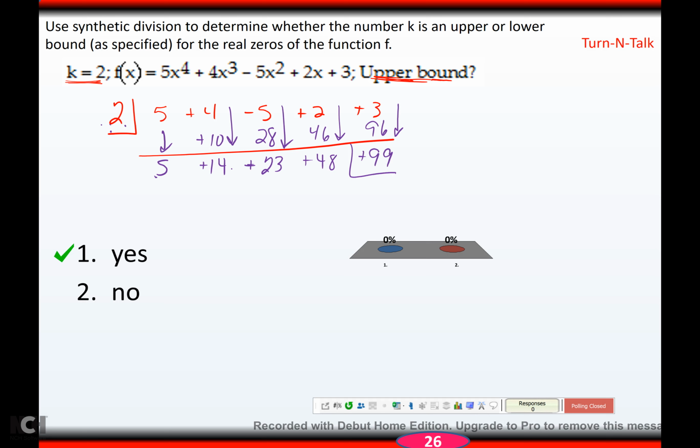Okay, so 2 is not a 0, but is it an upper bound? Well, upper means that all of the signs are positive. Positive, positive, positive, positive, positive. It is an upper bound. Okay?